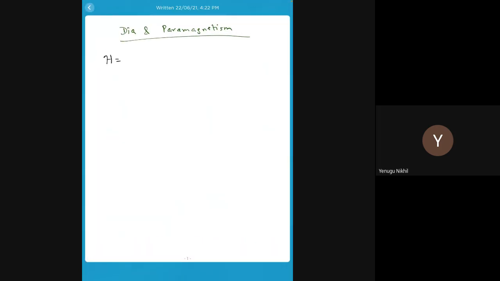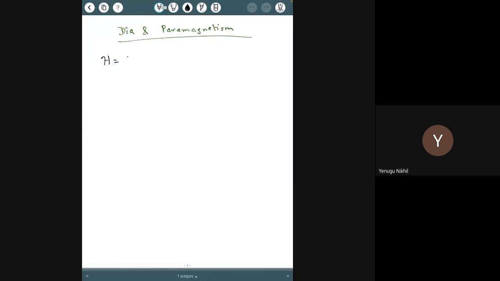H0 plus A dot P plus half A squared. Now, if we had spin, there would also be a B dot S term.